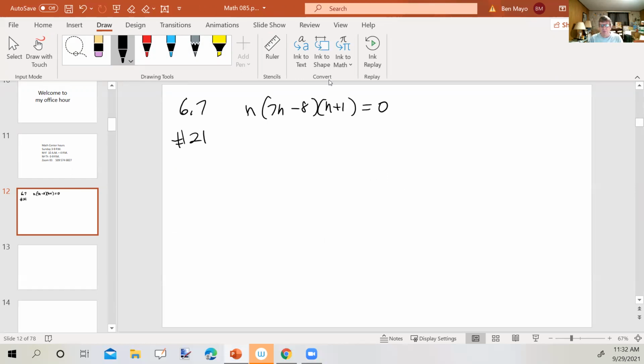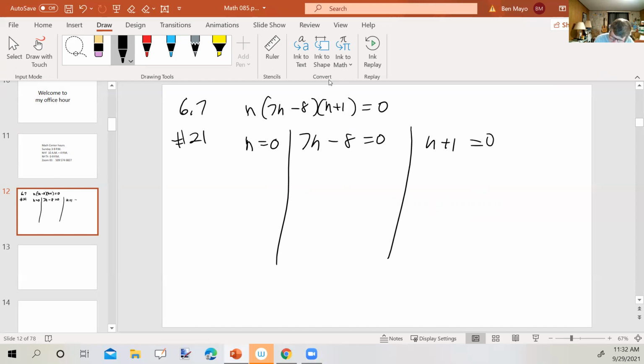First of all, I want to point out that this equation is already set equal to 0. That's a good thing. Secondly, the side that's not 0 is already factored completely. So all we need to do is take each factor on the left side of the equation that contains a variable and set it equal to 0.